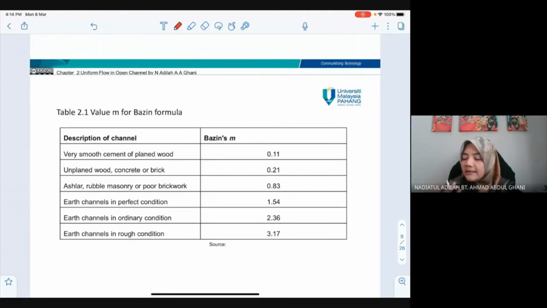Let's say it says a very smooth cement channel, you use the Bazin M is 0.11. Kalau dia kata earth channels in perfect condition, you use M is 1.54. Okay, so I think this is very clear.